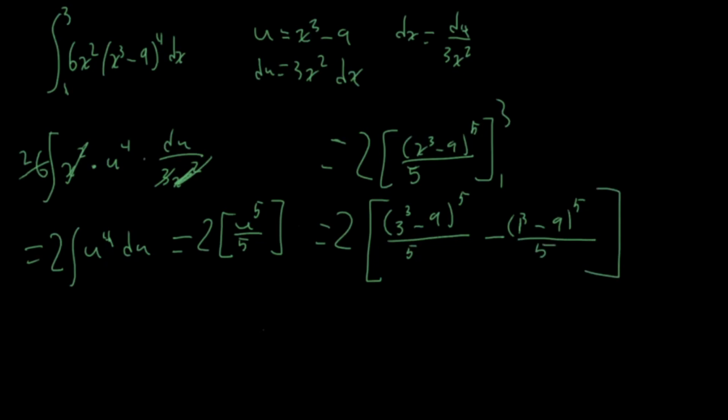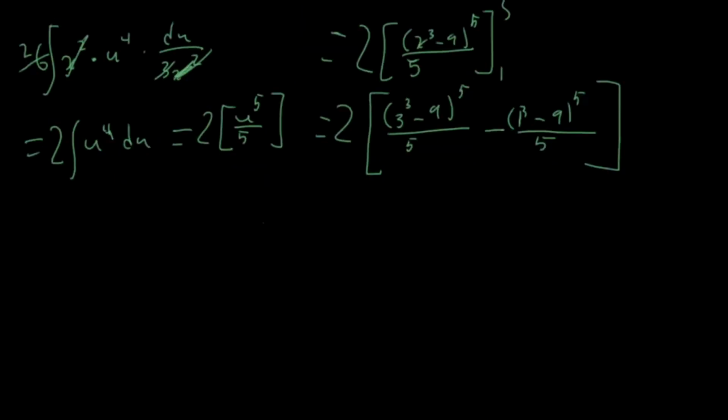But honestly, in my opinion, this is kind of clunky and annoying, and it's really ugly, but perfectly acceptable AP answer. You shouldn't simplify past this because you're only going to hurt yourself. Now I'm going to show you the alternative way, which is going to involve taking from this step here and changing it. So we're going to have our integral again, which was 2 u to the 4th du.